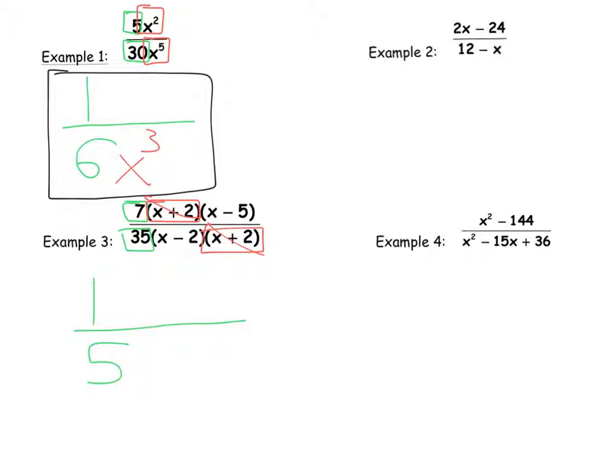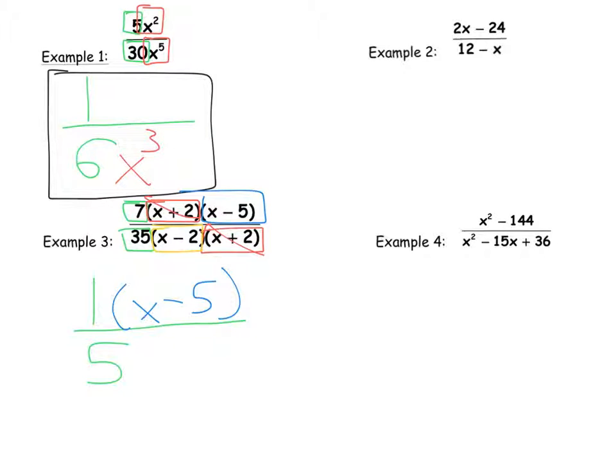So now what are we left with? x minus 5. Anything here match up with x minus 5? Nope, I don't think so. So x minus 5 is going to come along for the ride. One more: x minus 2. Any other x minus 2's remaining?